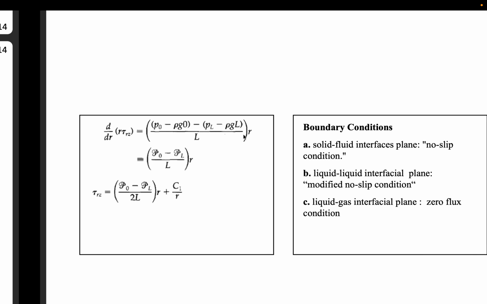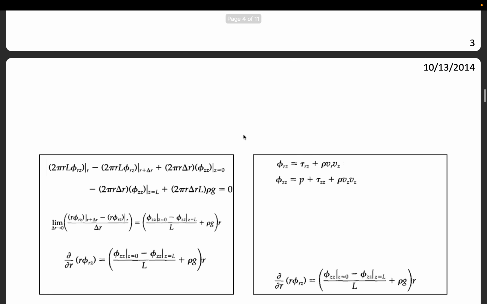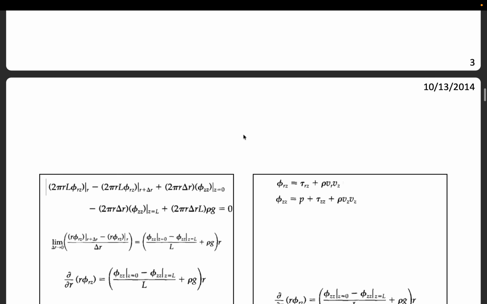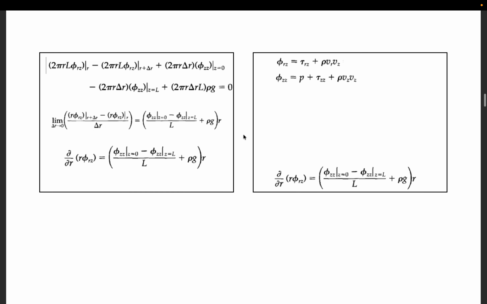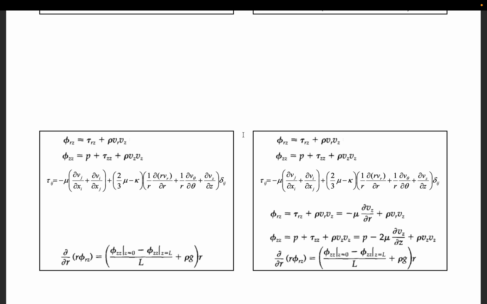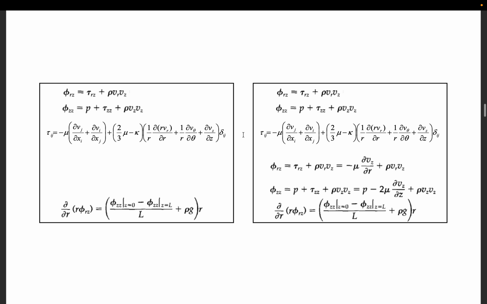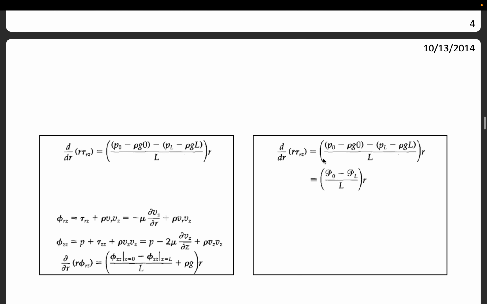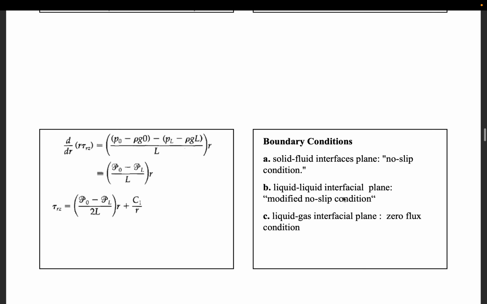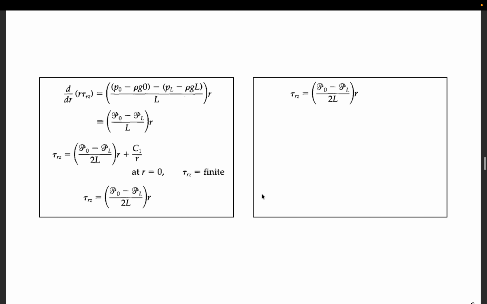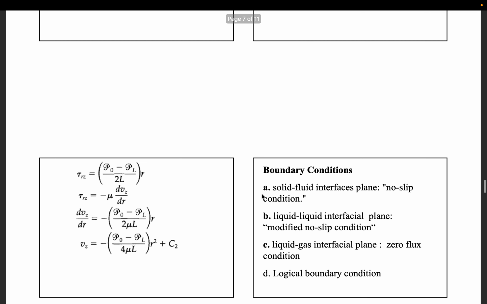So here look, we have taken the shell momentum balance. Now, after substituting all the values phi rz, phi zz, this is a similar problem, you can go through it. And now the tau will be that, and for velocity we have to put the value of mu, and there we will get the v.